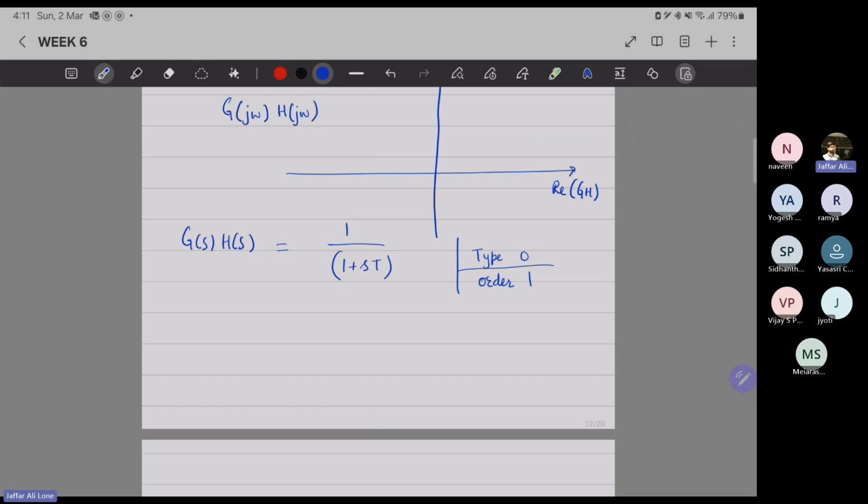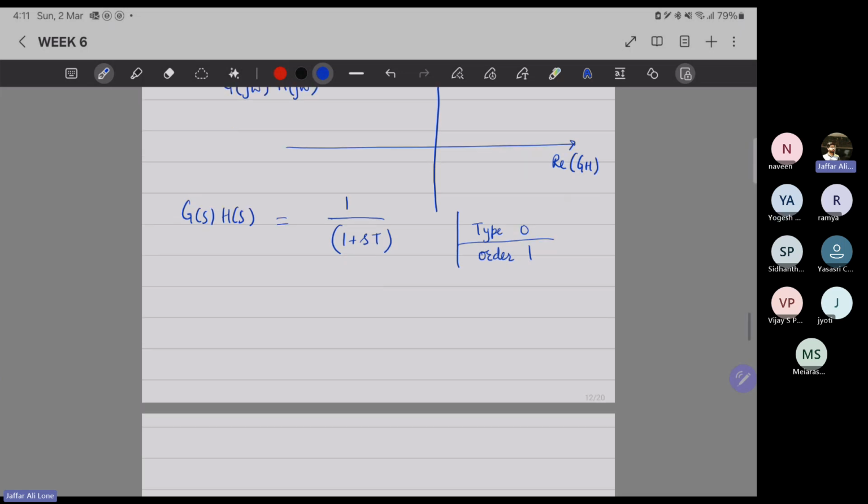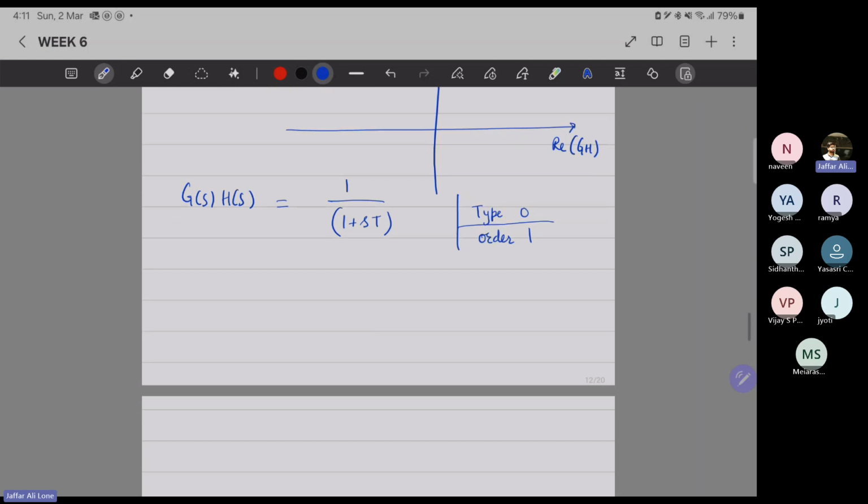Whenever you have to make polar plots, the first thing is we replace s with jω. So I will write G(jω)H(jω), because I need to vary omega only. Then I need the magnitude as well as the phase, because I am plotting phase and magnitude with respect to frequency.